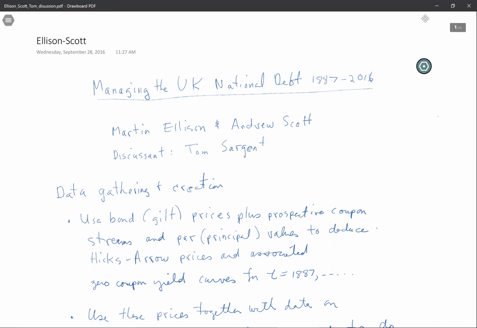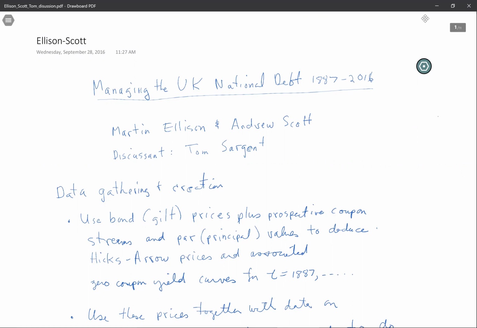I'm pleased to be assigned the task of discussing the paper by Martin Ellison and Andrew Scott, Managing the UK National Debt from 1887 to 2016. This is an impressive data gathering and data creation enterprise.